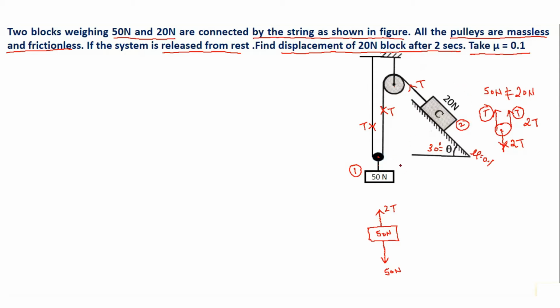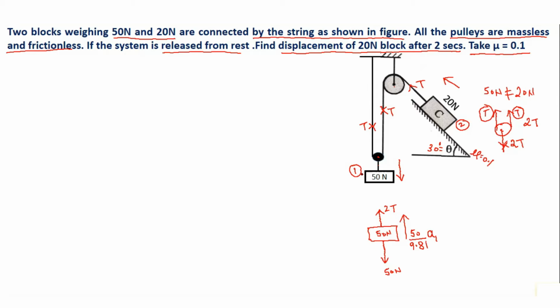So I will assume that because this block is heavy, it will try to come down, and because it is coming down, it will try to push this block up the plane because of the connectivity. Now, we have assumed that this block will be going downwards, hence the inertia force will be going upwards with a value of M, that is 50 divided by 9.81 into A1, because I am taking it as body 1's acceleration A1.